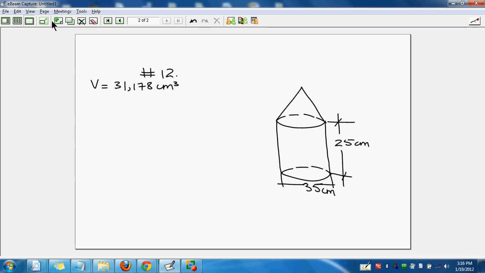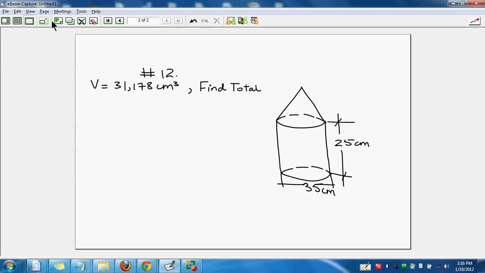Calculate A, the total height of the bird cage. So the first thing we'd have to do is to find the total height of the bird cage.